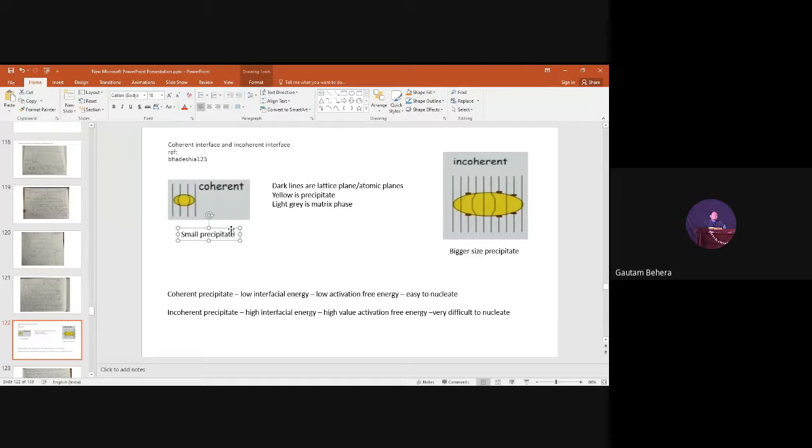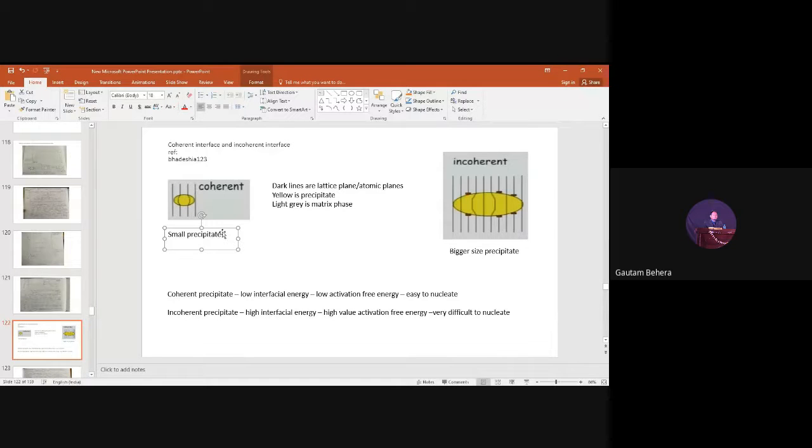What about the lines? Can you tell me about the atomic lines or atomic planes? Sir, in coherent they are nearly matching, but in incoherent some lines are not matching. Okay, this term is matching, but what is the difference you are getting?